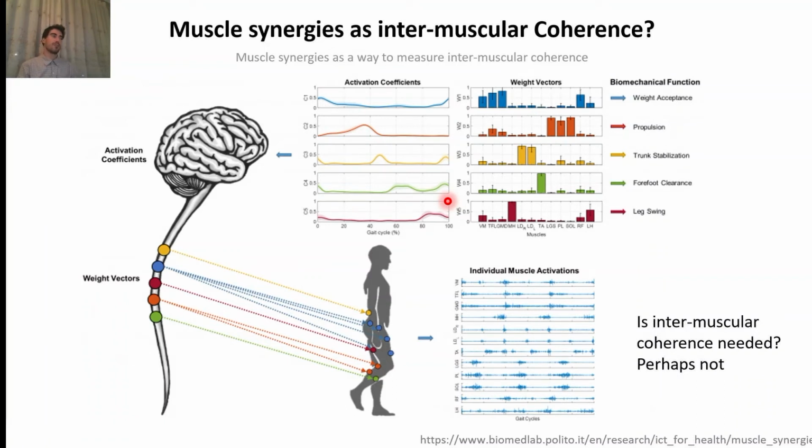So, what are muscle synergies? Muscle synergies are combinations of muscles that are thought to be active together, and by modulating their activation, it is possible to reconstruct the EMG. Similarly to what happens when you decompose EEG activity into independent components.